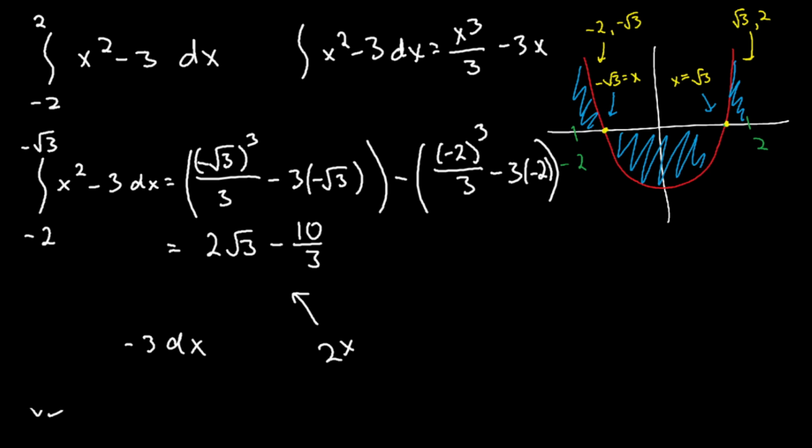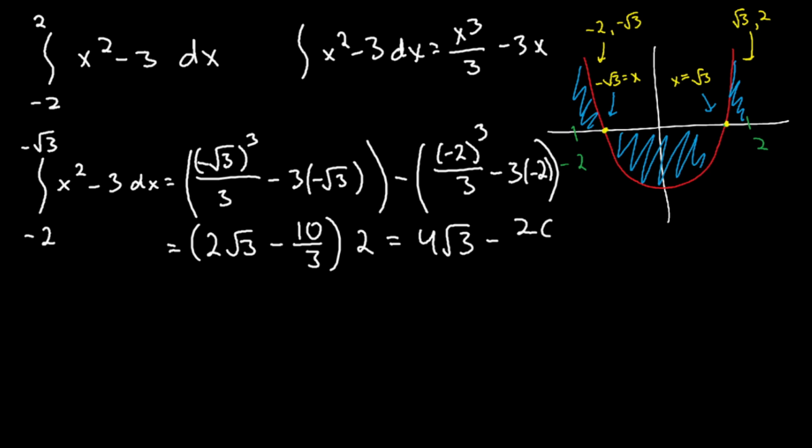That's kind of a little trick for symmetric functions. If we just multiply this by 2, we get 4 square root of 3 minus 20 over 3. So let's save this, because this number right here represents the areas between the curve and your x-axis for these two regions.